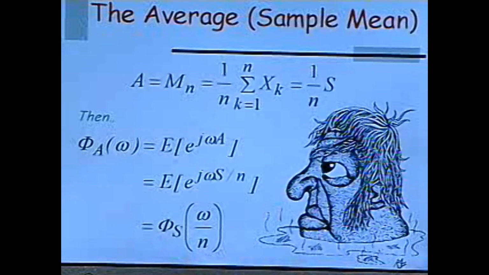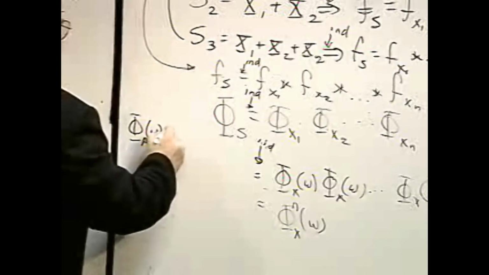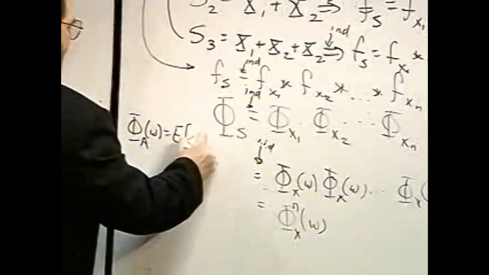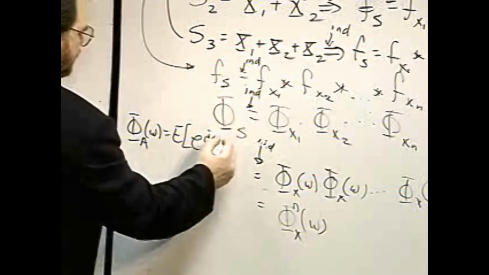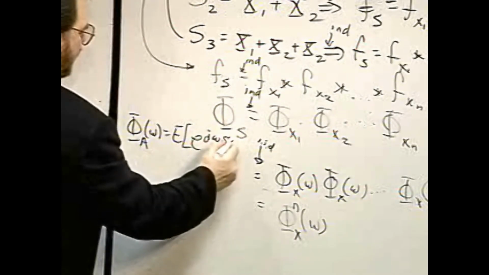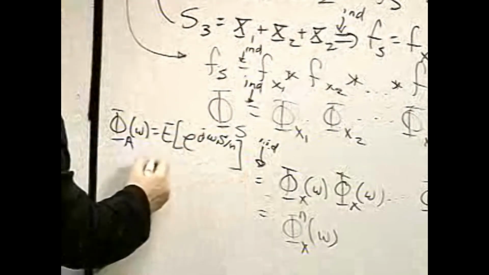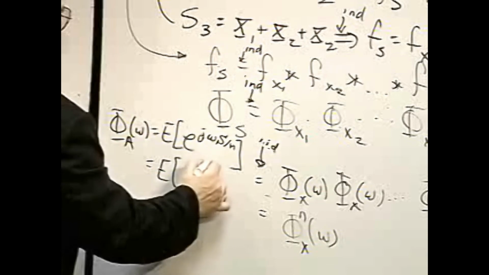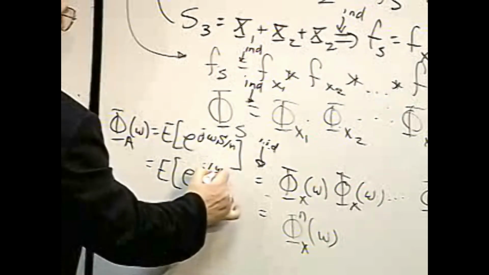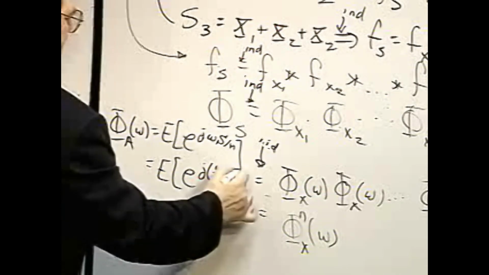Let me go to the board here for the next one. The characteristic function of the average is equal to the expected value of e to the j omega s over n, correct? Which is the same thing as the expected value of e to the j omega over n times s.